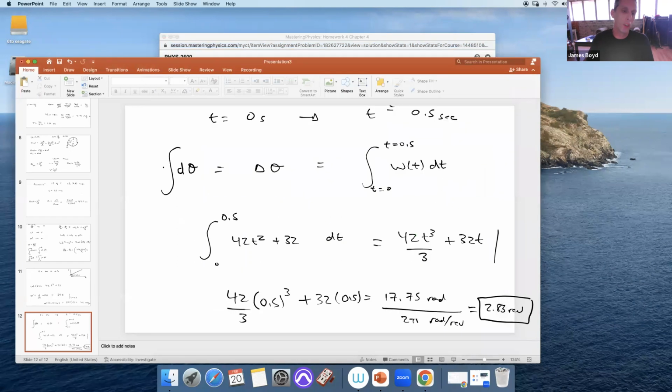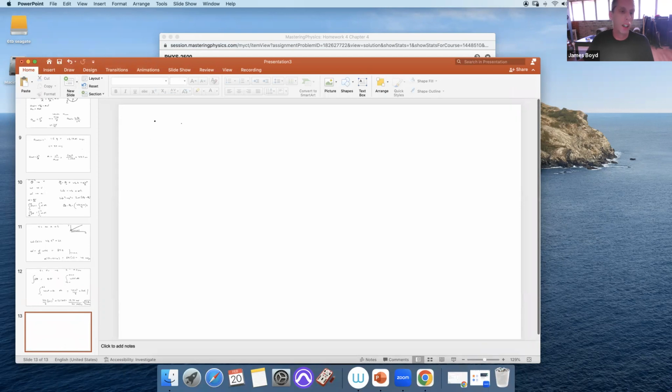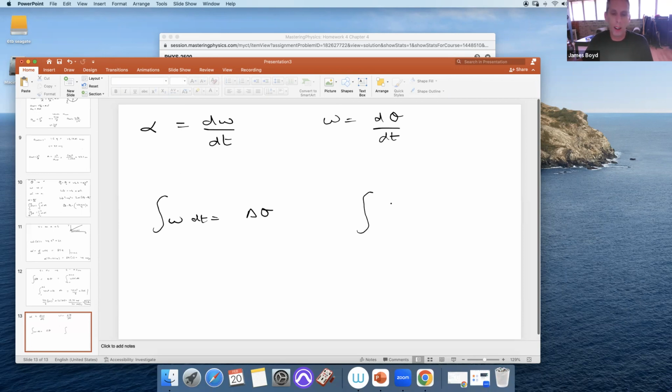I just want you to remember that alpha is the derivative of omega with respect to t, and omega is the derivative of theta with respect to t. The integral of omega dt will give you the change of theta, and the integral of alpha dt will give you the change of omega. That's all you need to remember here.